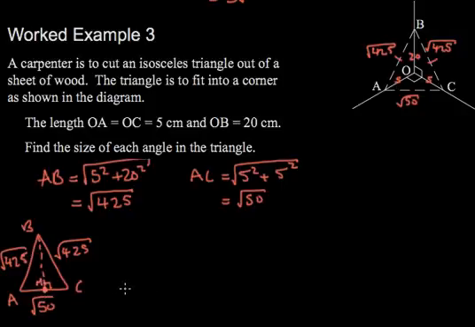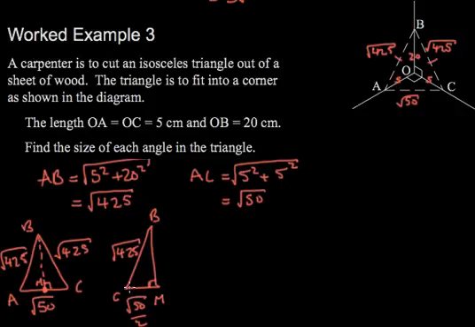So then by drawing the triangle again with M on it, so that's M, B, and C, this length here would be half of root 50. So that could be root 50 over 2, and that length up the sides, root 425, still hasn't changed.